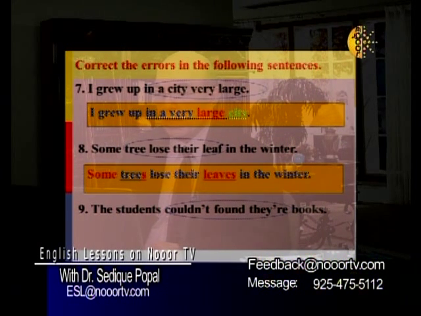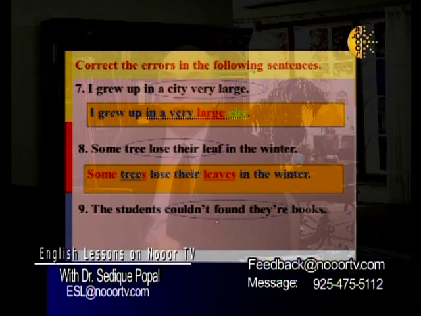Again, couldn't found is not correct. Why? Because after couldn't, we cannot use the past form of the verb. We have to use what? The present form. So you cannot say couldn't found. It should be what? Couldn't find. Find, found. But after couldn't or can't, we must use what?